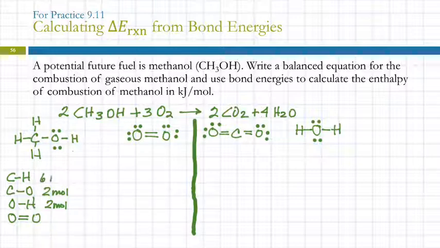Okay? So 6 moles of that. Here in 1 oxygen molecule, I have 1 double bond. In 3 moles of oxygen, I have 3 moles of bonds. Any questions about what I'm doing there?